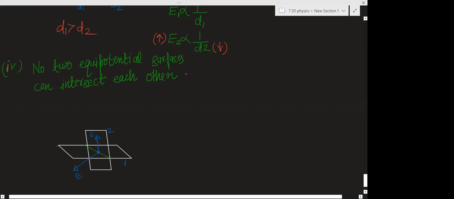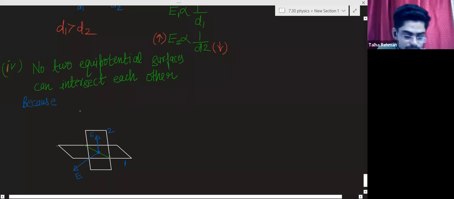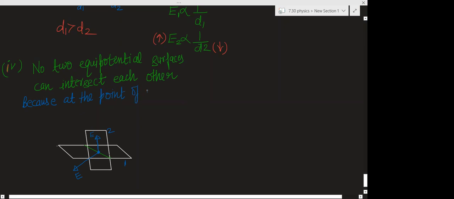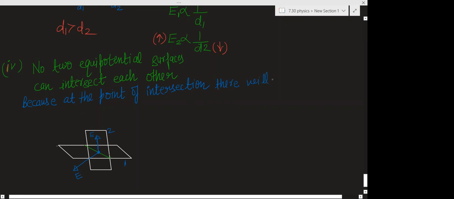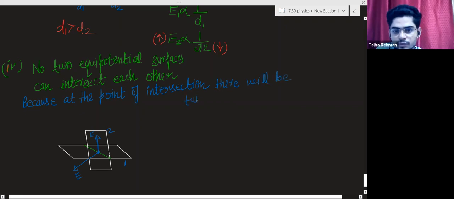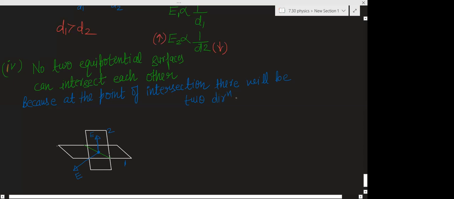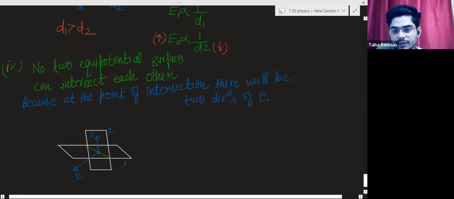Because at the point of intersection, there will be two directions of electric field, which is not possible.